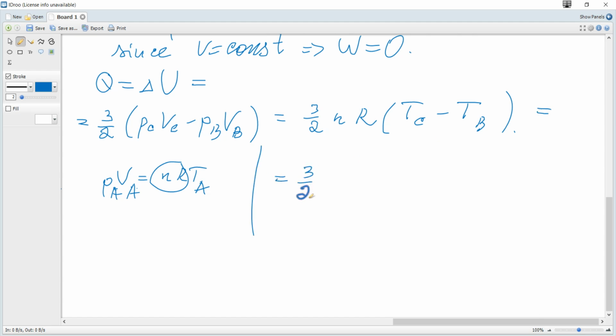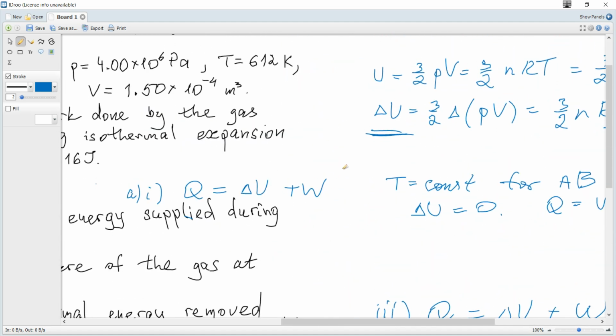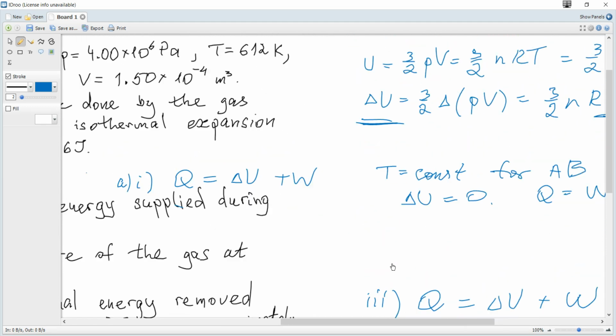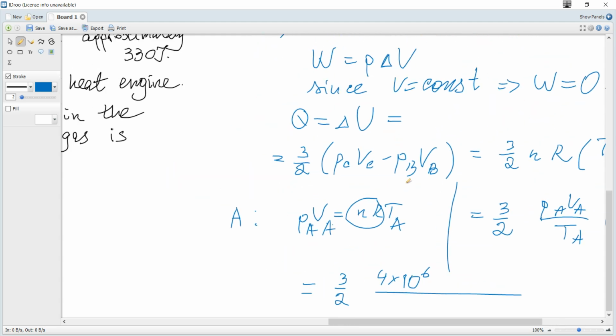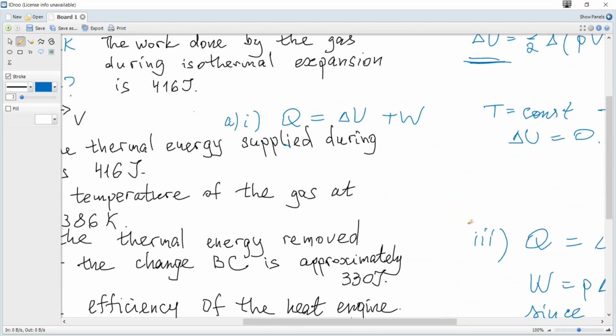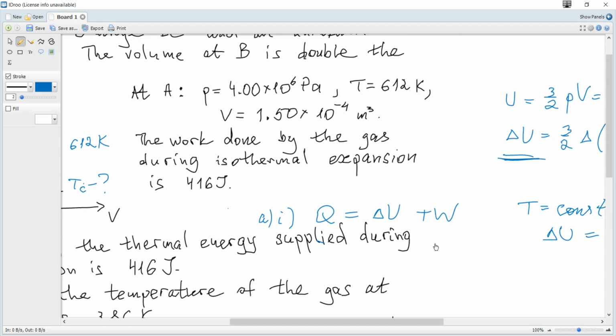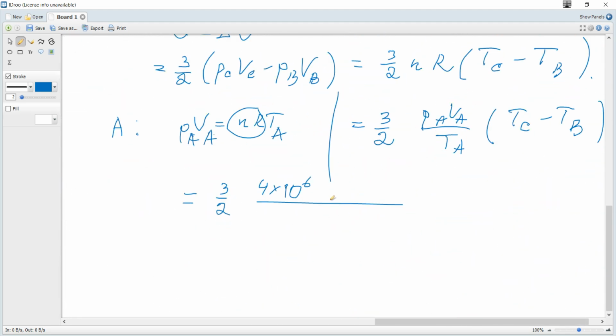So Q becomes 3 over 2 times PAVA over TA times (TC minus TB). That is 3 over 2, pressure at A is 4 times 10 to the power of 6, and volume at A is 1.5 times 10 to the power of negative 4.